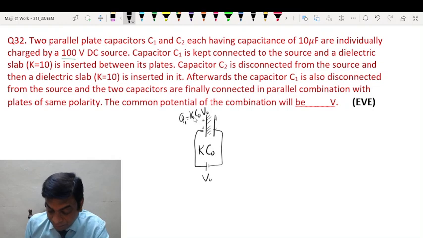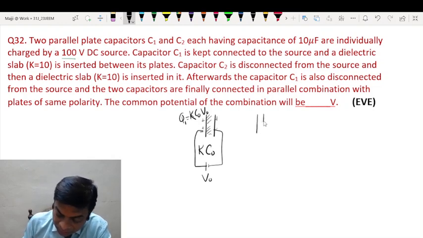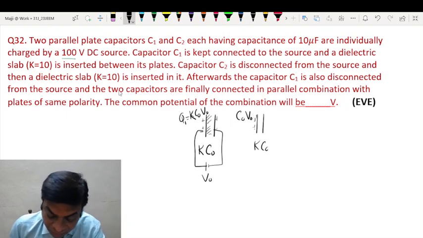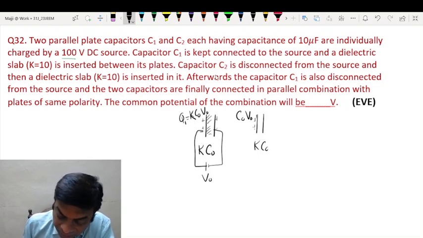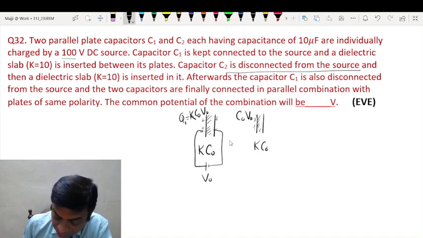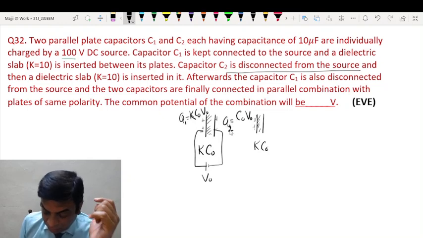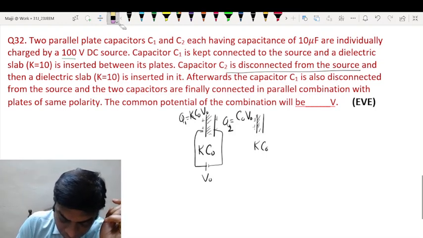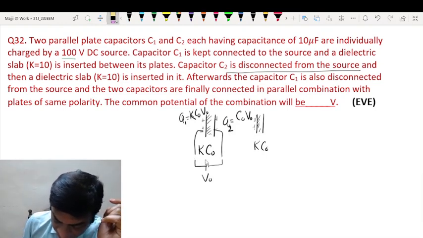This is the charge. Then coming to the next capacitor, the capacitance is K C0, but the charge remains only C0 V0 because it was clearly given that the capacitor C2 is disconnected from the source and then the slab was introduced. So this I'll write as Q2. So these are the final situations here.